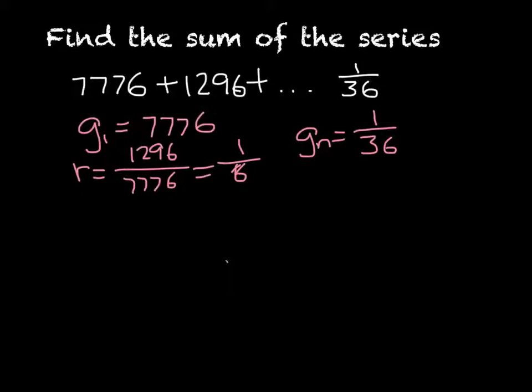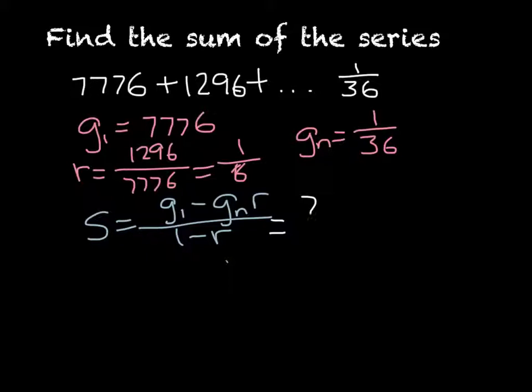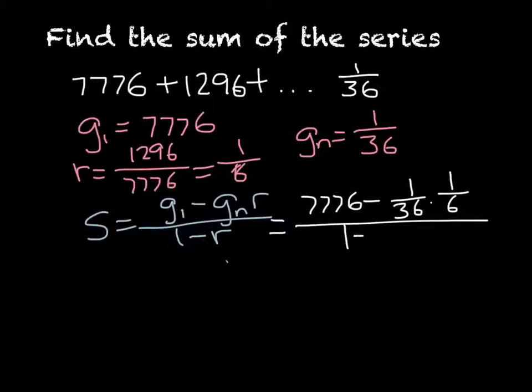We can plug these numbers into our alternate formula for the sum, which was (G1 minus GNR) over (1 minus R). So that gives us (7776 minus 1 over 36 times 1/6) over (1 minus 1/6).